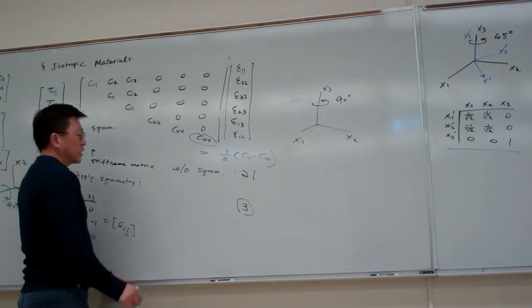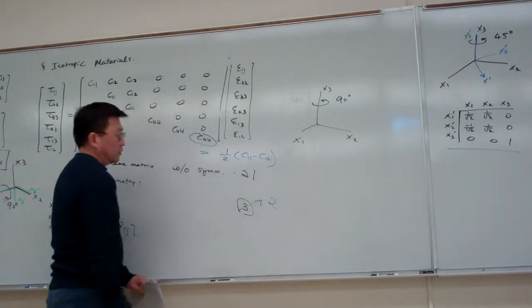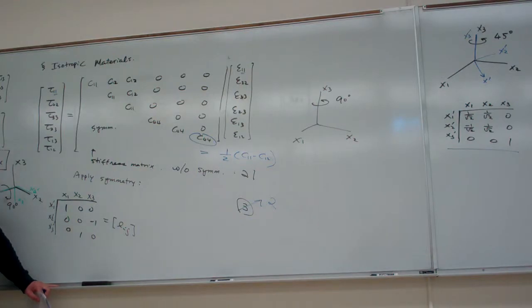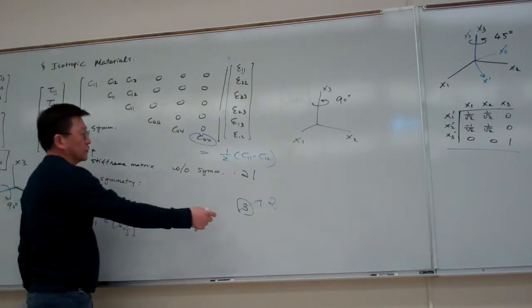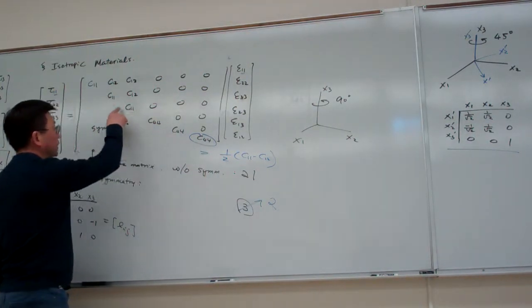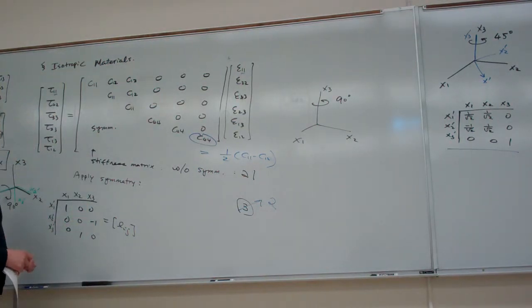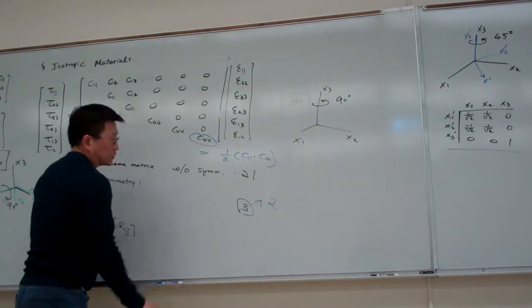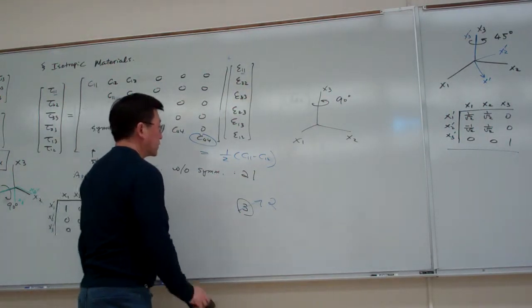So in this case, we successfully reduced from 3 independent elastic constants to 2, because C44 actually is a function of C11 and C12. So under these situations, we come up with the final form here.